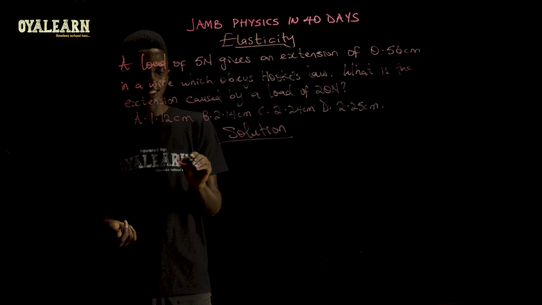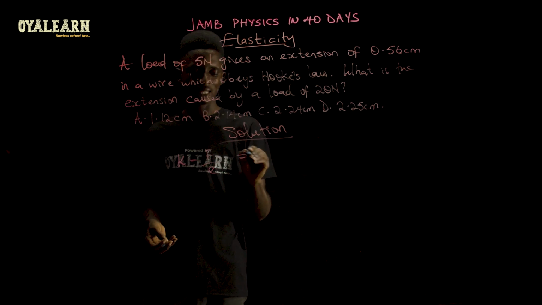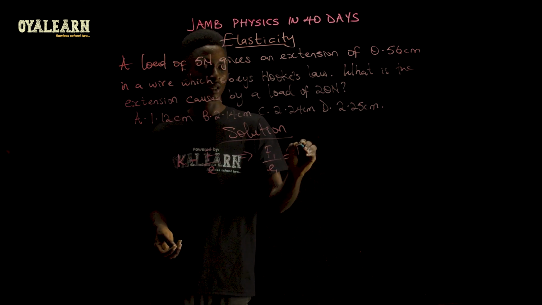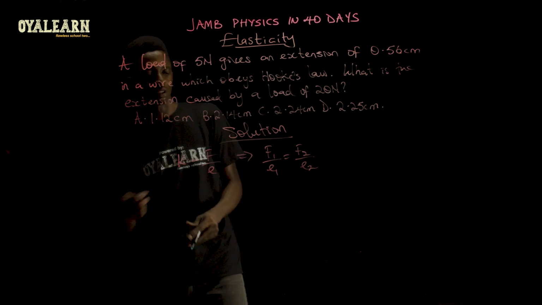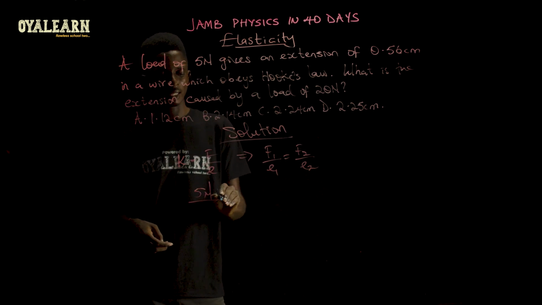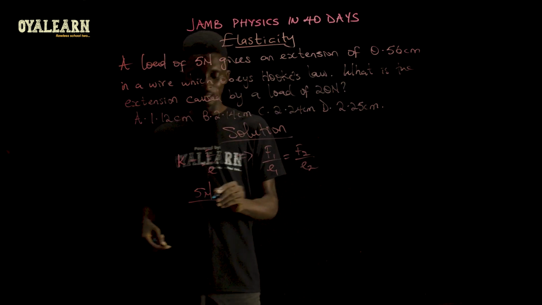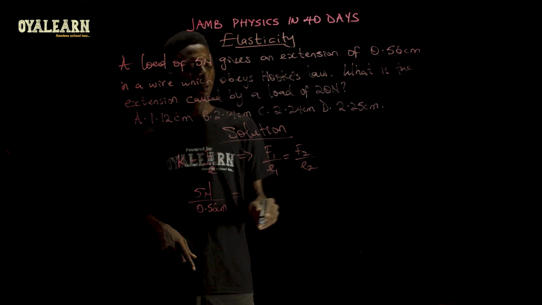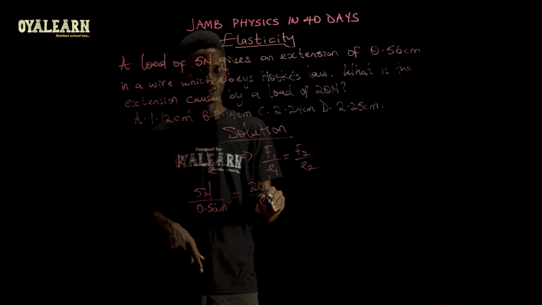For spring constant K, that will be F over E. This implies that F1 over E1 equals F2 over E2, since we keep the same constant. The first force applied is 5 newtons, and the extension is 0.56 centimeters. We equate this to F2, which is 20 newtons.